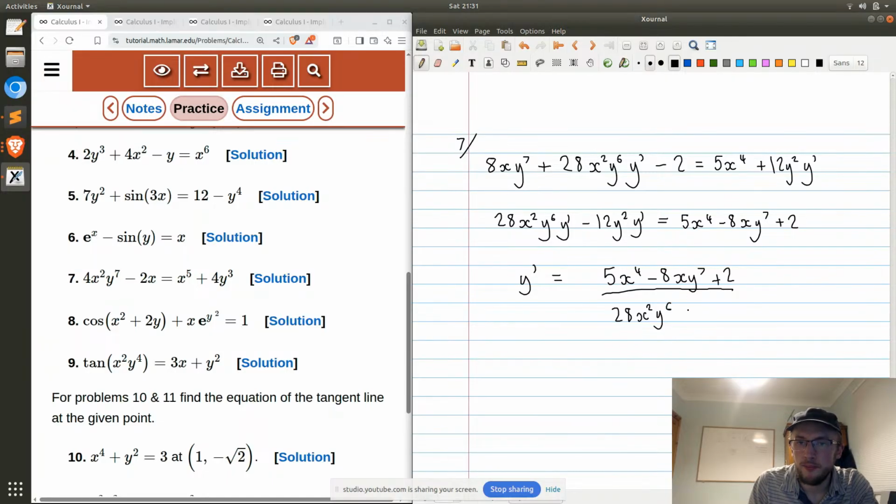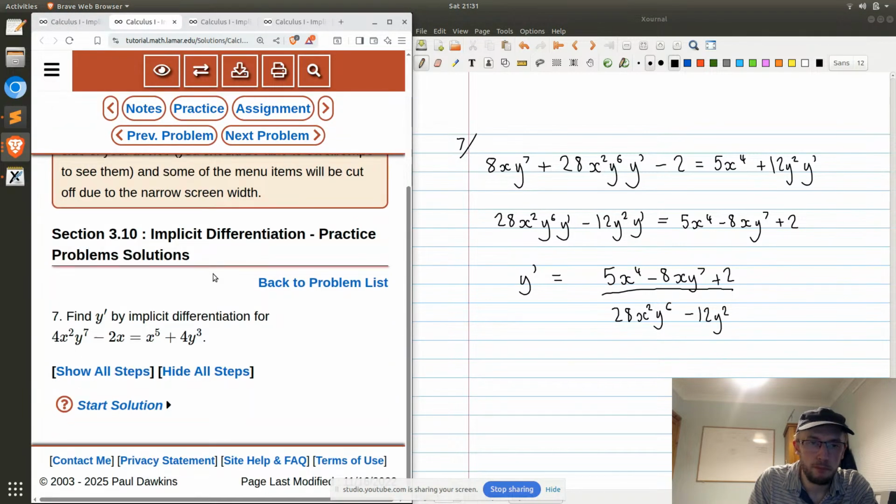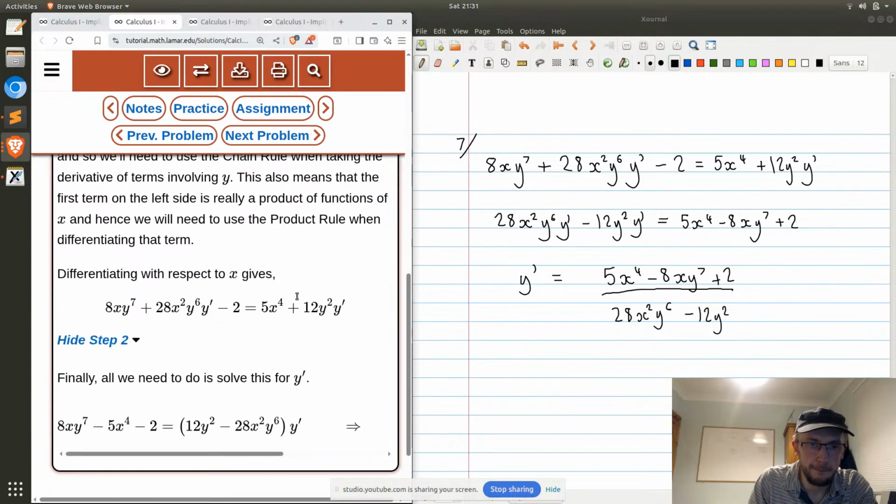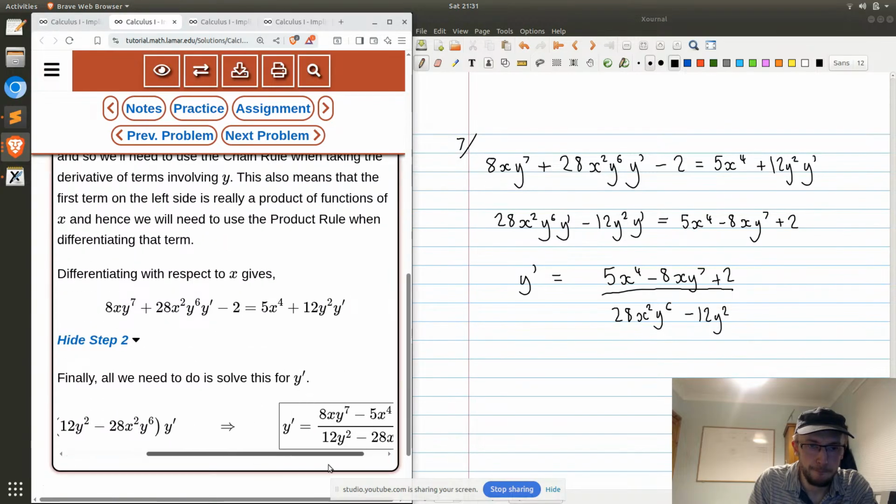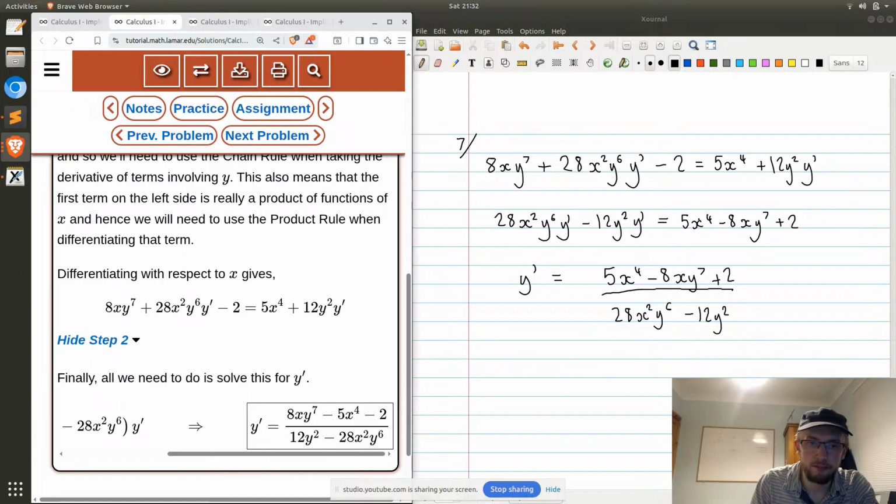So minus 12y squared. Okay, so that's what I think it is. And we check. And that's nearly correct.